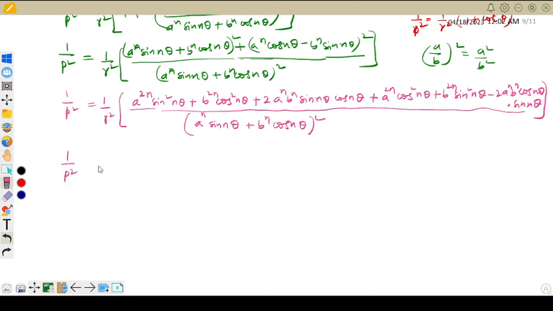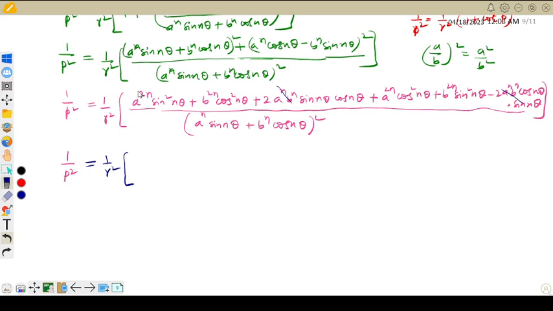This is 1 by p square is equal to 1 by r square into, okay, this is plus 2 into a raised to n into b raised to n sin n theta into cos n theta minus 2 a raised to n into b raised to n into cos n theta into sin n theta get cancel.